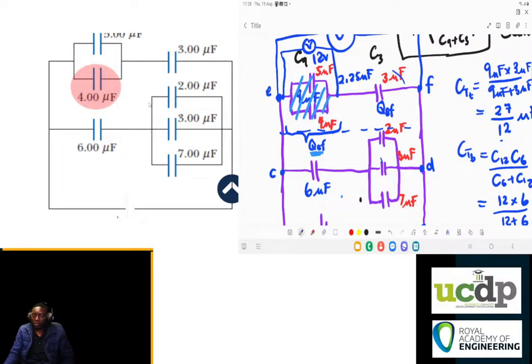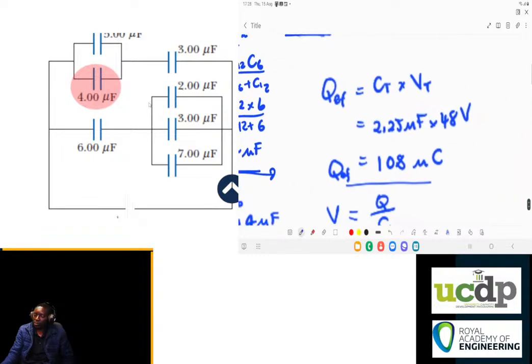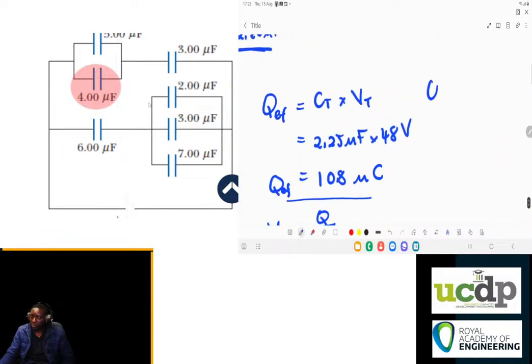You just multiply the 4 capacitance by the 12 voltage, which is 48 microcoulombs. So of the 108 microcoulombs, the 48 is on this 4 microfarad capacitor.